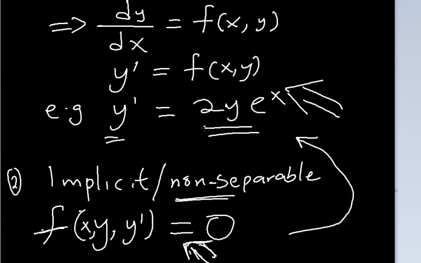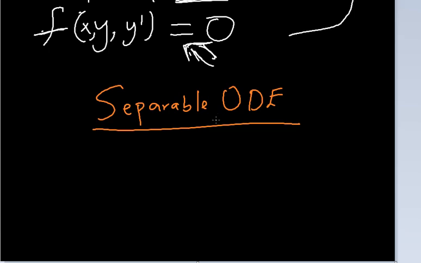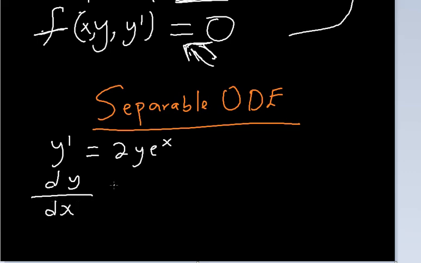I can solve this one right here. y prime is equal to 2y exponent of x. Of course we can write this y prime in terms of dy dx, so dy dx is equal to 2y e^x.